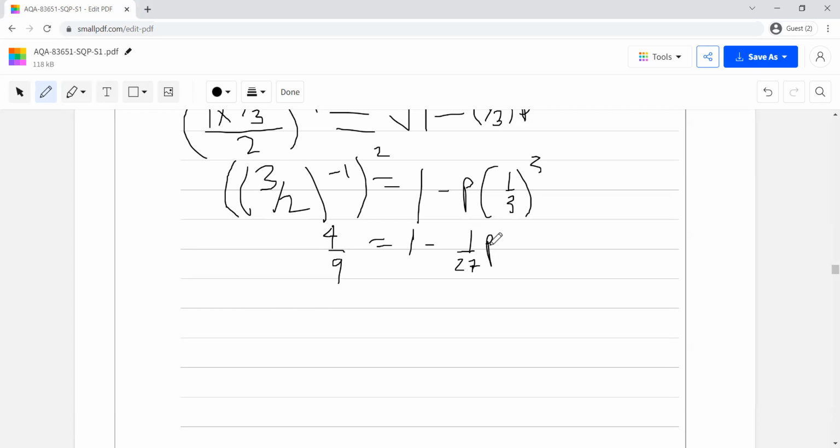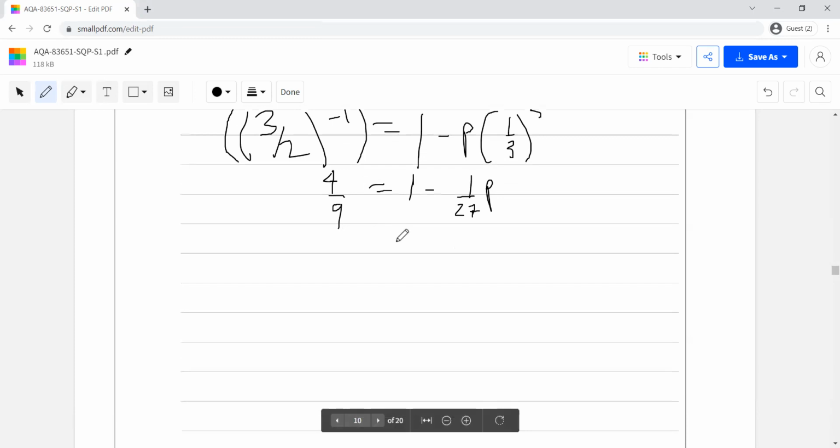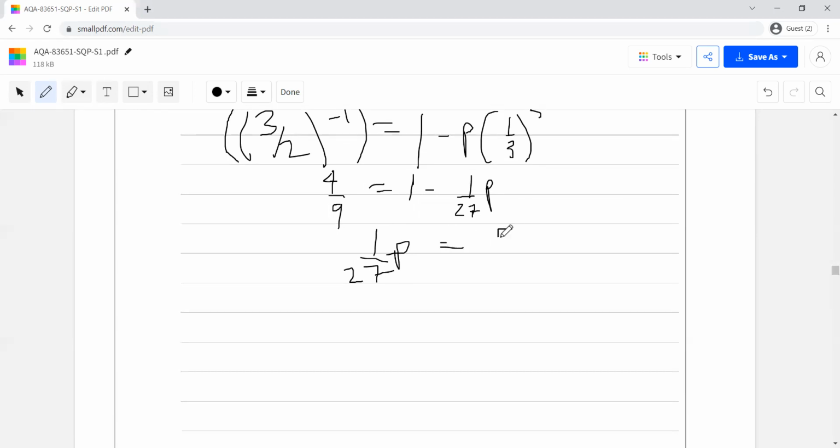I'm pretty sure this isn't going to give me a correct answer. However, I'm willing to give it a go. Or maybe it will give me the correct answer, I'm not sure. So this means that 1 over 27p is equal to 5/9.